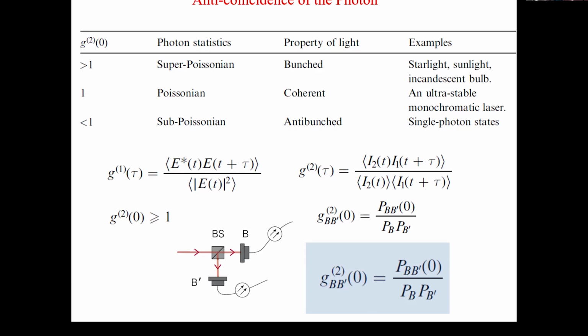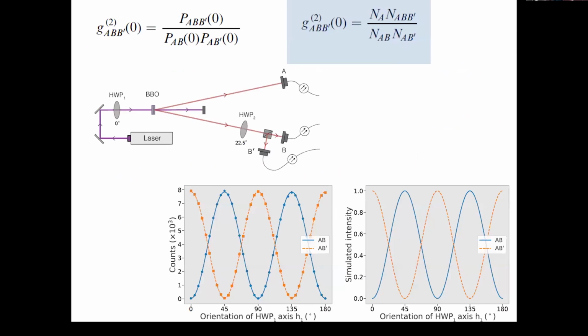If, however, I look at threefold coincidences, that is, whenever there is a detection on three detectors, A, B, and B prime together, given that there is a third coincident detection on A as well, so whenever there is a threefold coincidence, then I look at the statistics, the probability of threefold detected coincidence A, B, and B prime, and then I normalize.